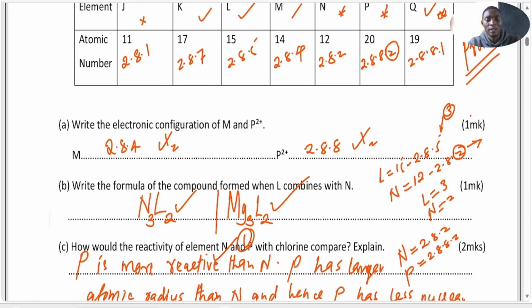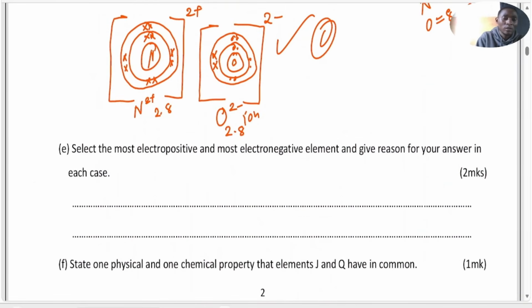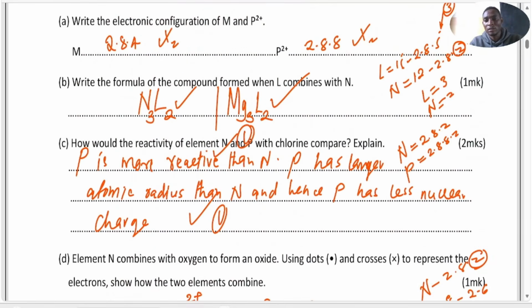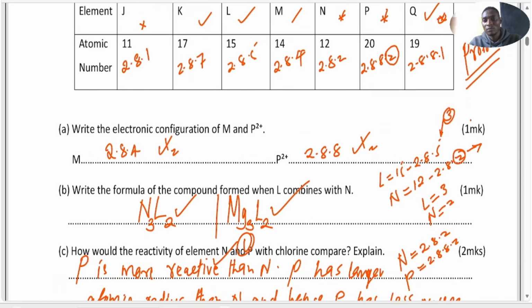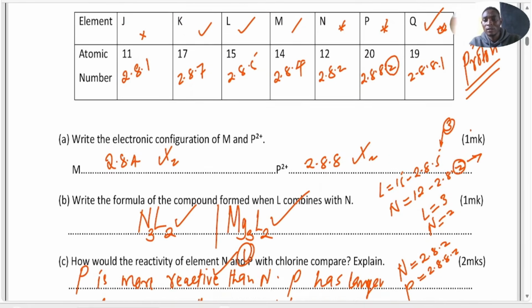So in my case, I'm going to say most electropositive is Q. Remember Q is potassium, 2, 8, 8, 1.